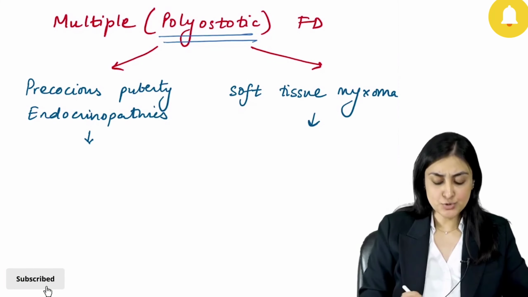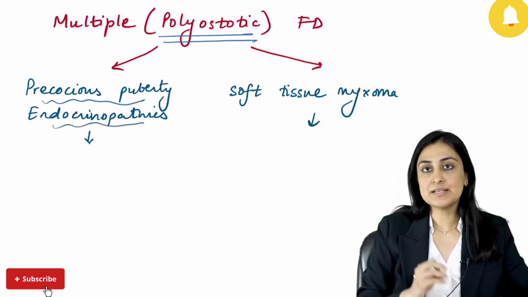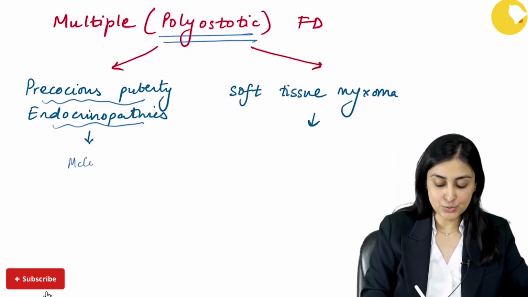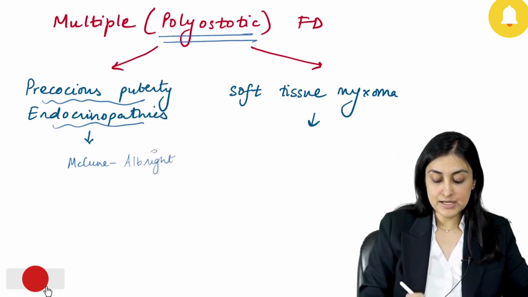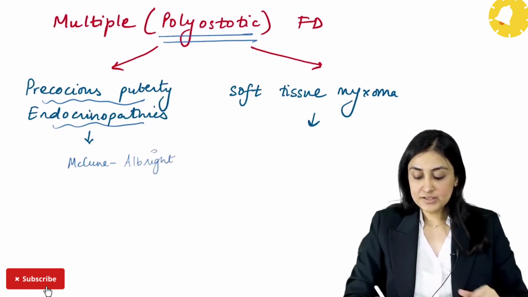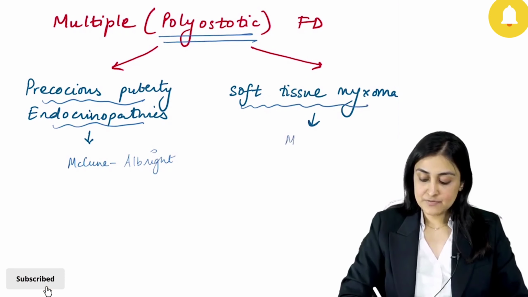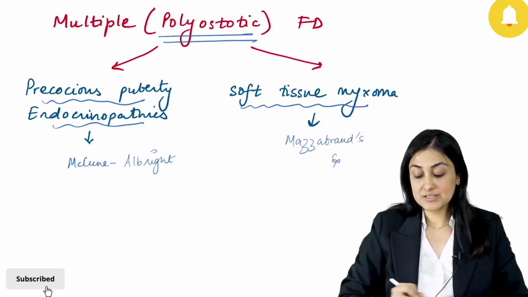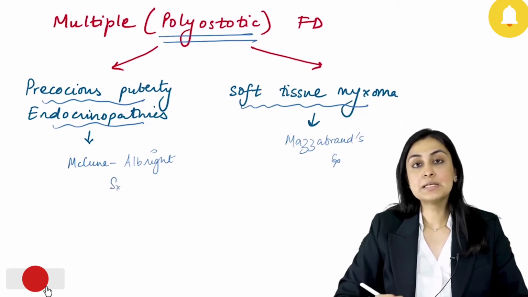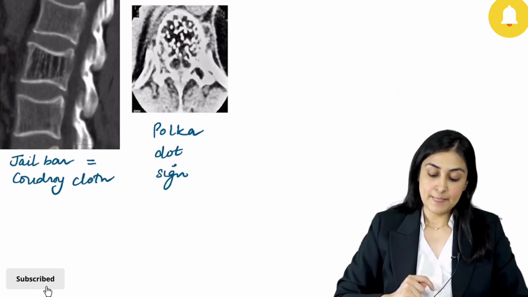One, when they give you associated history of precocious puberty, endocrinopathies, I want you to think of McCune-Albright syndrome. On the other hand, when you see multifocal soft tissue myxomas, this is seen with Mazabraud syndrome. Remember these two syndromes which are associated with polyostotic fibrous dysplasia.